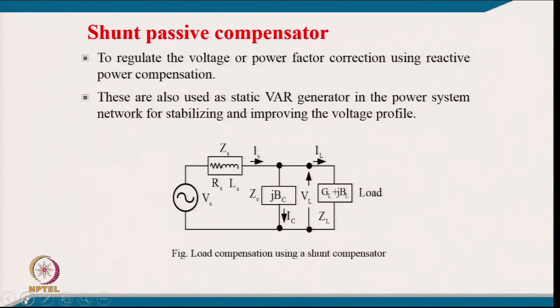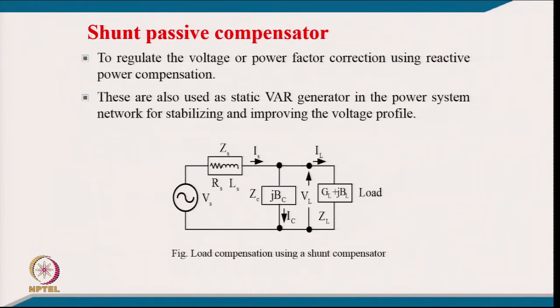Well, the shunt passive compensator is normally connected in shunt with the load, close to the load. It is used to regulate the voltage across the load or the power factor using reactive power. You can provide the reactive power of the load, so that at the supply side you have unity power factor, and these are also called static var generators in the power system network for stabilizing and improving the voltage profile.